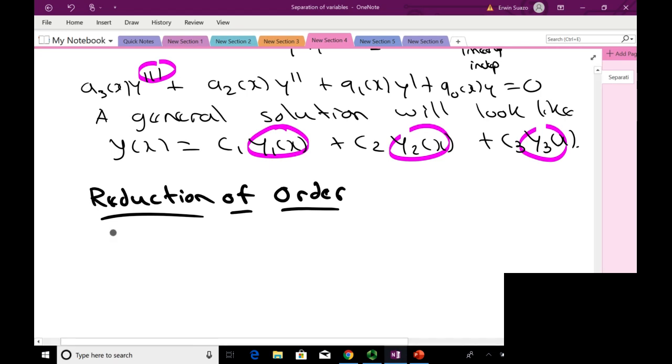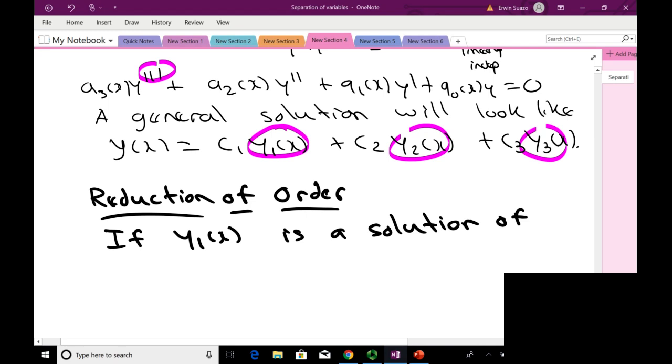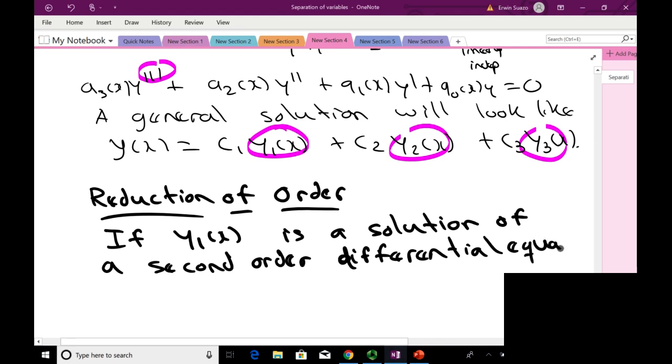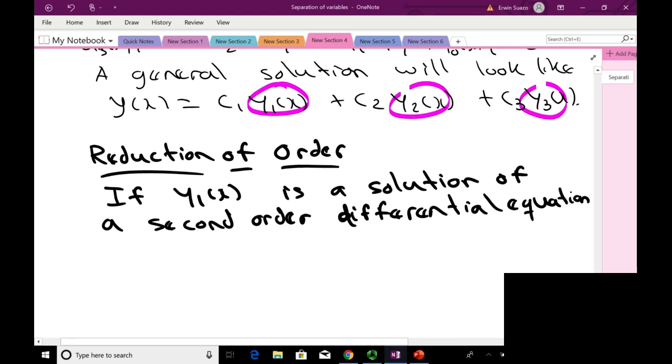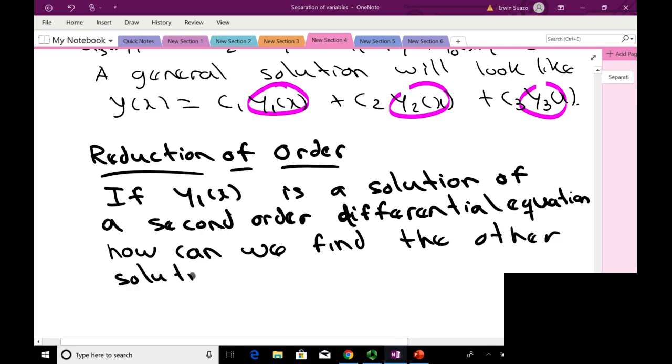If y1(x) is a solution, in this case of a second order differential equation, how can we find the other, linearly independent solution?